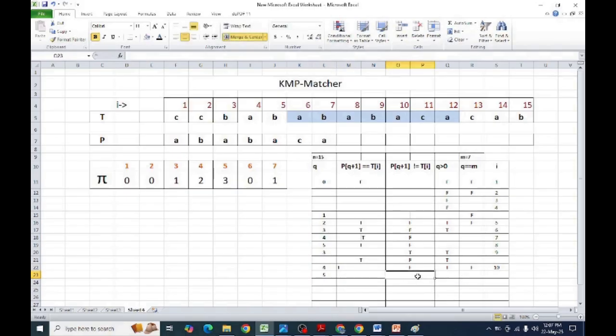Then Q is equal to M? No. I will be incremented. Then P of 6, this is C, and T of 11 is C. There is a match, so this is true.